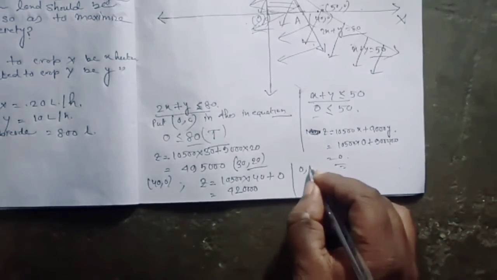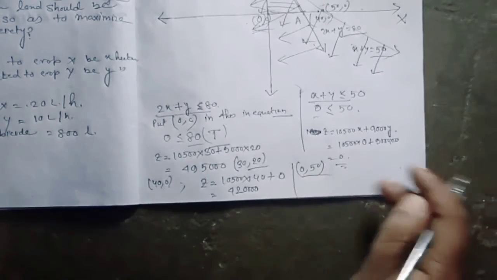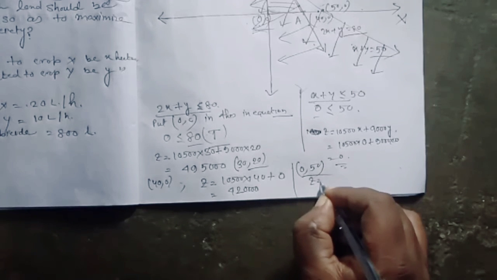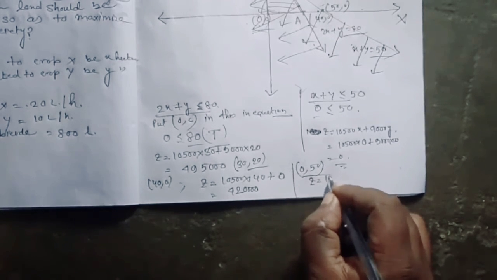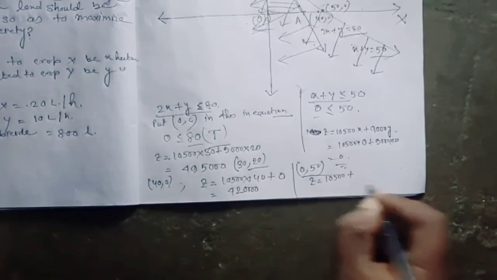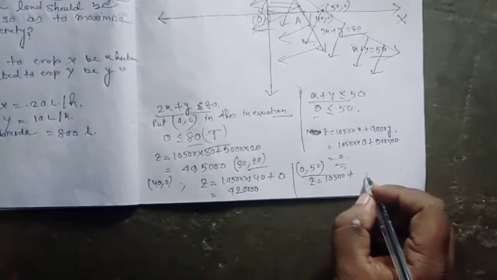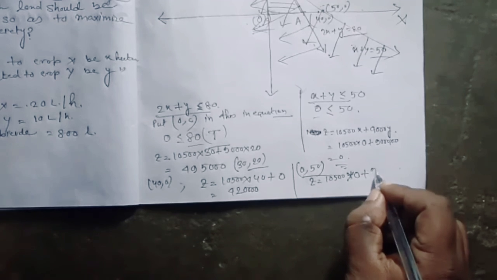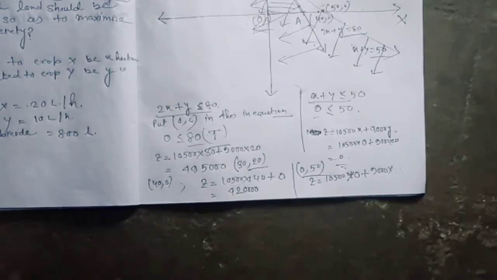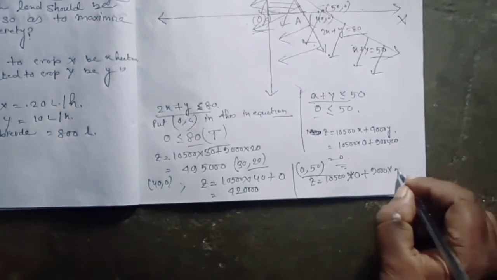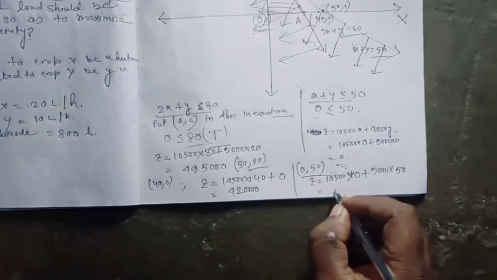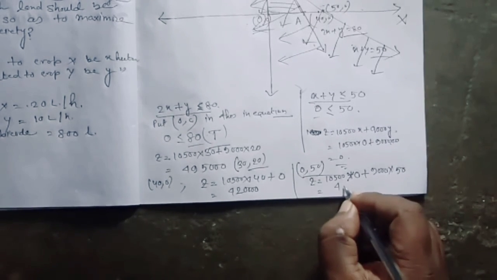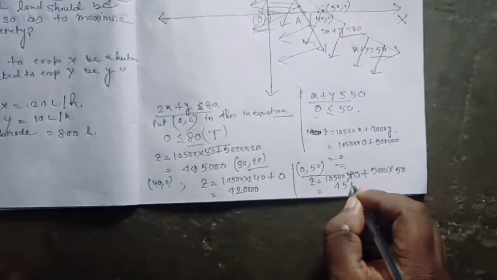Next, for 0 comma 50, the value of z is 10,500 into 0 plus 9,000 into 50, which gives us 450,000.